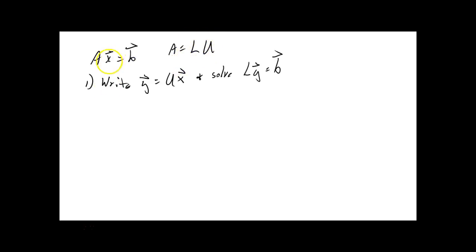With the U part, write the Y. You've just made up this new vector Y is U times X. Figure out what that is. Then do L times Y and set that equal to B. Okay? Well, wait a minute. What is the L here? Well, that's the lower triangular matrix. Okay? Solve L times that Y that you just did here is equal to B. Okay?